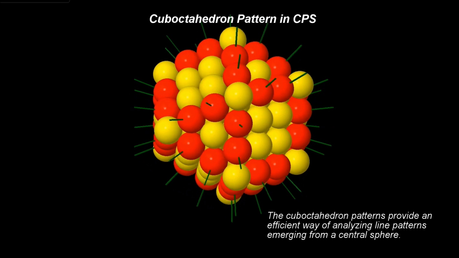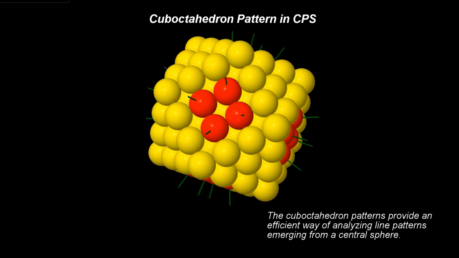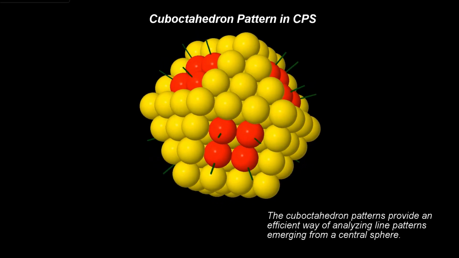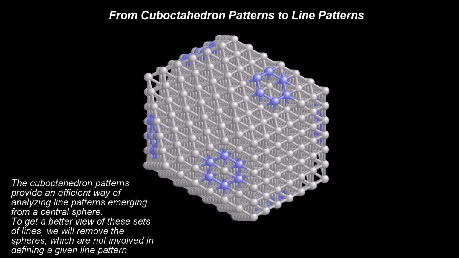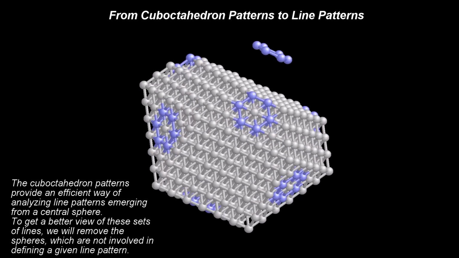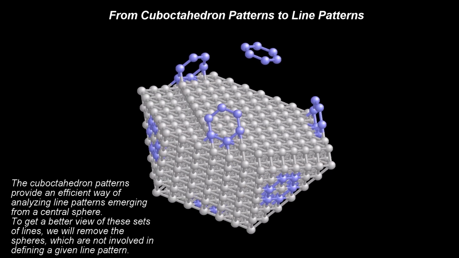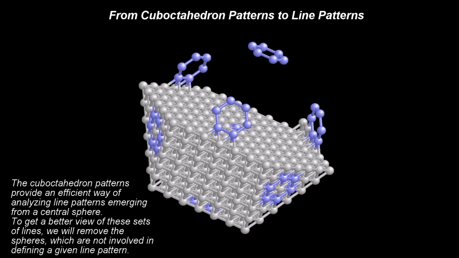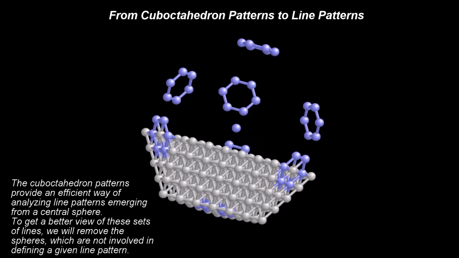To get a better view of these sets of lines, we will remove the spheres which are not involved in defining a given line pattern. By doing this, we will be able to see the spheres defining each set of lines. Armed with this inside view, we are now able to associate each line with a number. Or, more precisely, we will associate each CPS line with the square root of a natural number.